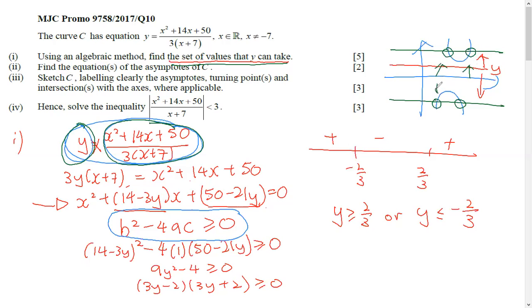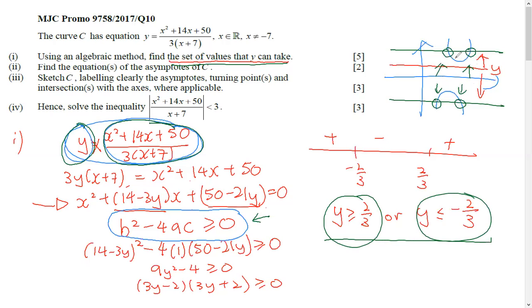For intersections to take place, we simply need real roots. When there are real roots, we simply use the discriminant b squared minus 4ac and set it to be more than or equal to 0. This value here will tell me what the y values can take. Of course, if you look at these two values, there's actually a significance to them.